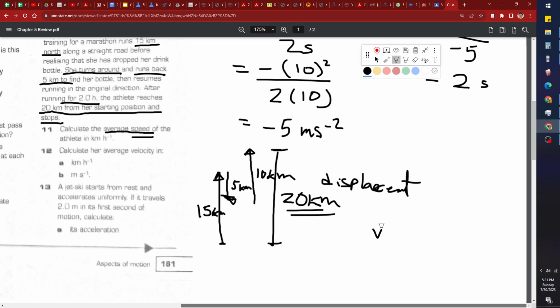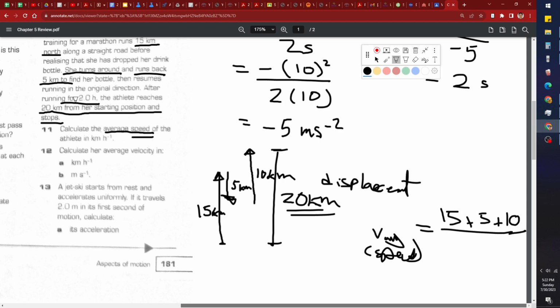So her average speed, this is speed though, so I'll just write that down. Total distance divided by total time. So total distance is 15 kilometers she ran north first, plus the 5 that she ran going back south, and then another 10, so that her total distance is 30.